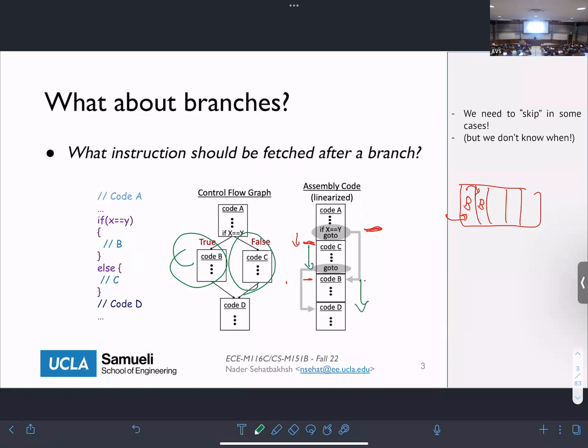If I know that this branch is mostly not taken, what I can do is play with where I place C and B, knowing which one is more likely, and put that at the top. So the compiler needs to profile the code beforehand, and based on that decide where to put B and where to put C. Does that make sense?